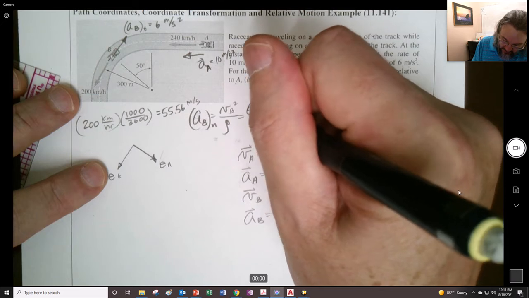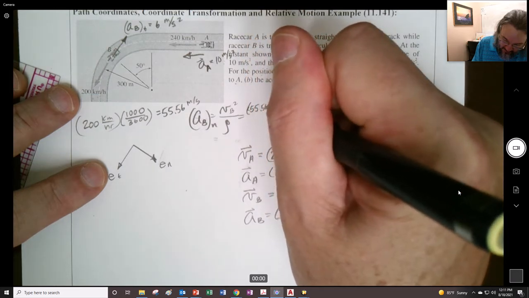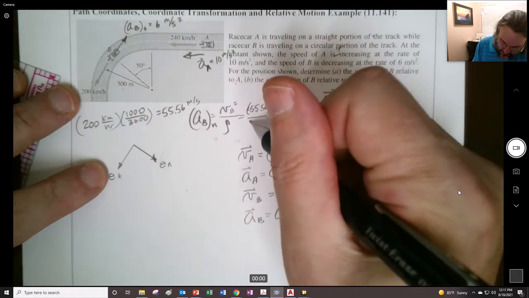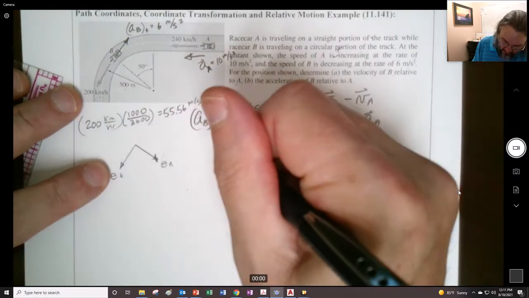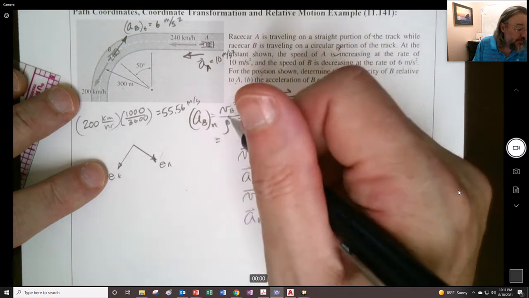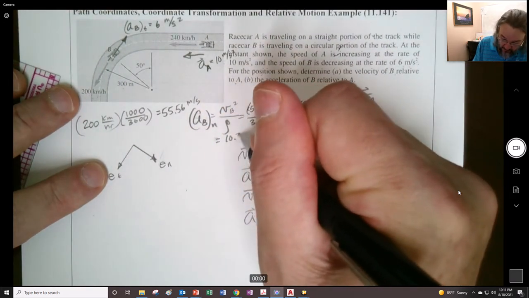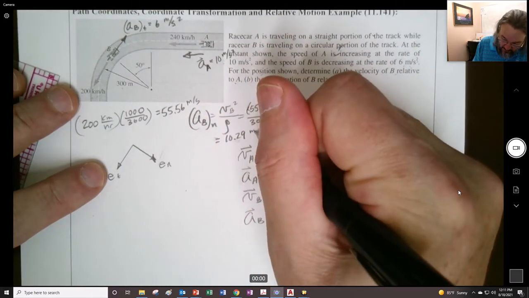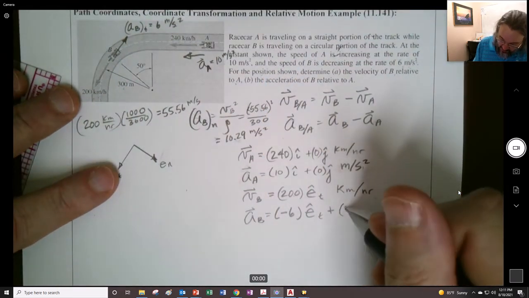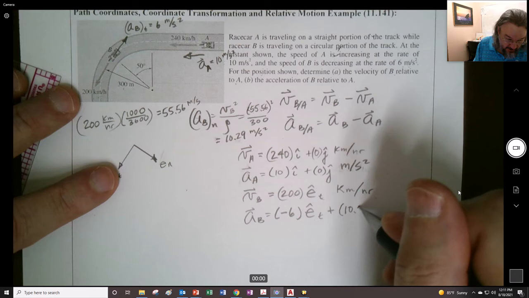So this is 55.56 squared divided by 300, which ends up equaling 10.29 meters per second squared, right? So this is going to be 10.29.